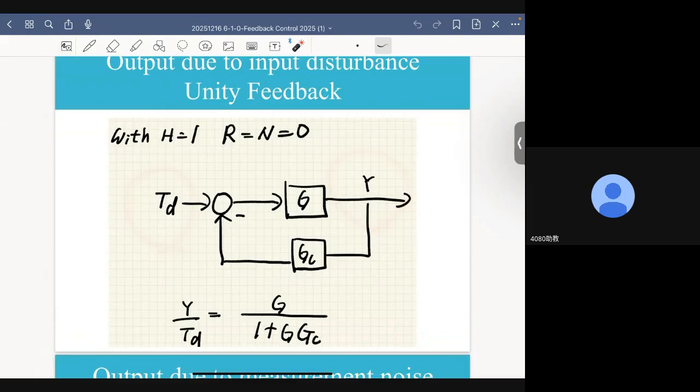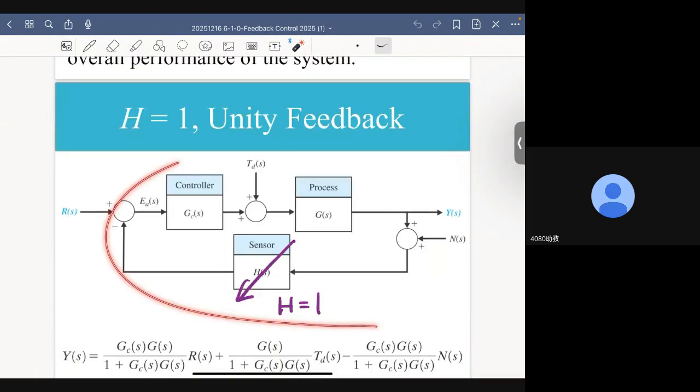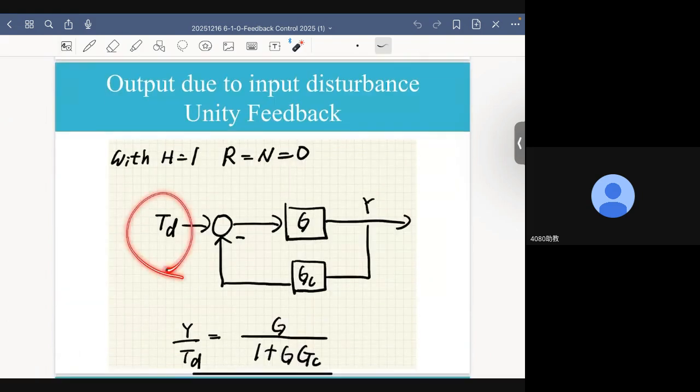The only thing we need to do is go back to this block diagram and redraw it by treating TD as input and see what kind of feedback control system it is.